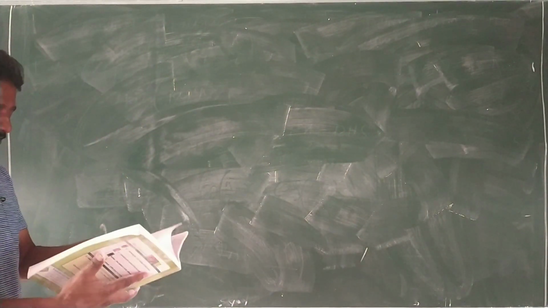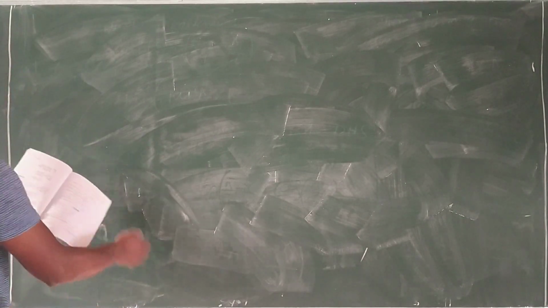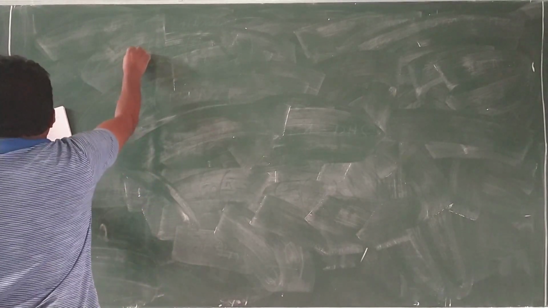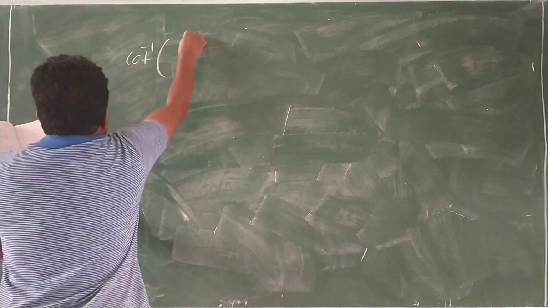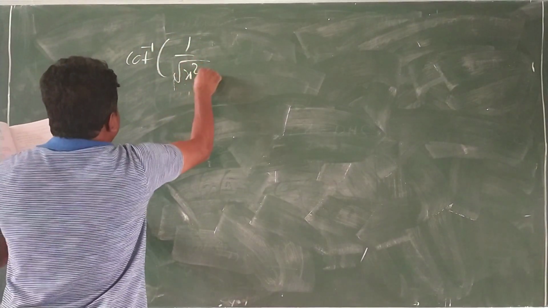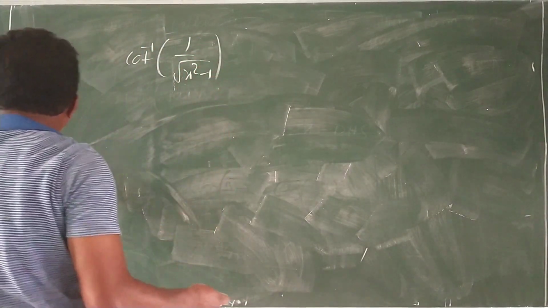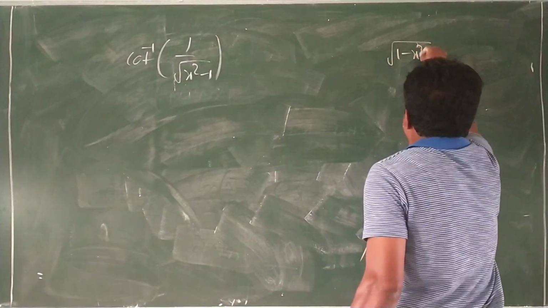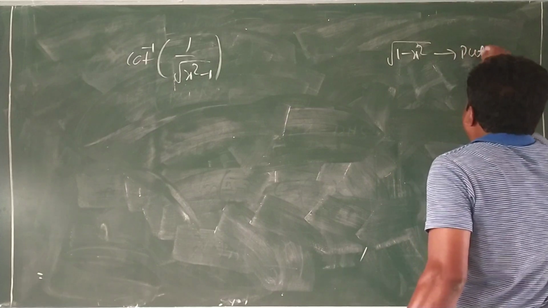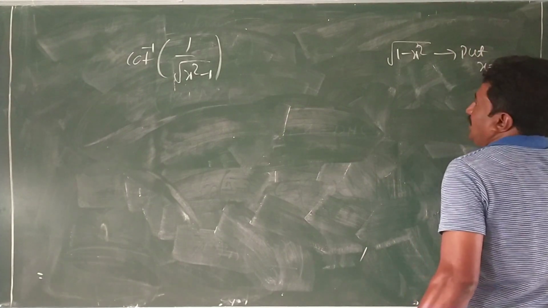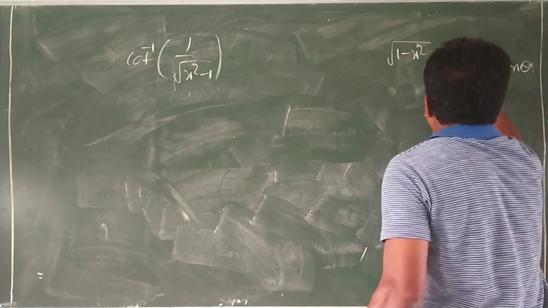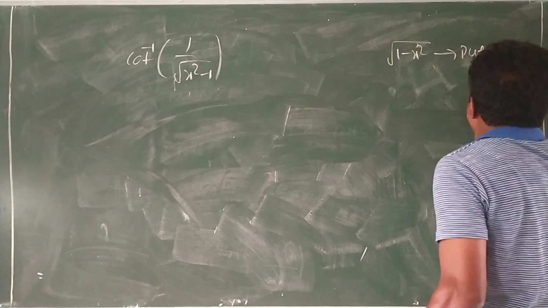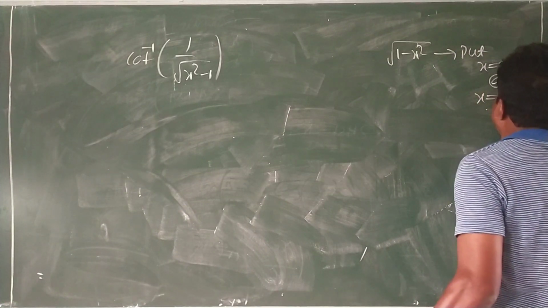Next, simplify the following. Same question: cot inverse of 1 by root of x square minus 1. Look at this, students. If it is root of 1 minus x square, for this put x equal to sin theta, or sometimes we put x equal to cos theta.